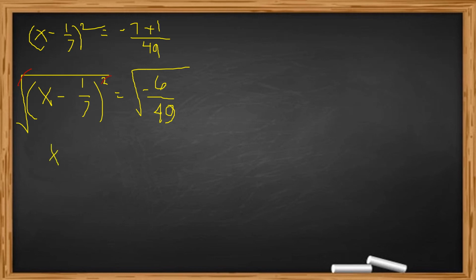So, x minus 1 over 7 equals the square root of negative 6 over 49. But, ang isang negative na number ay walang real root. No, walang real root. Therefore, mag-assign tayo ng i to represent imaginary. So, magiging ganito siya.